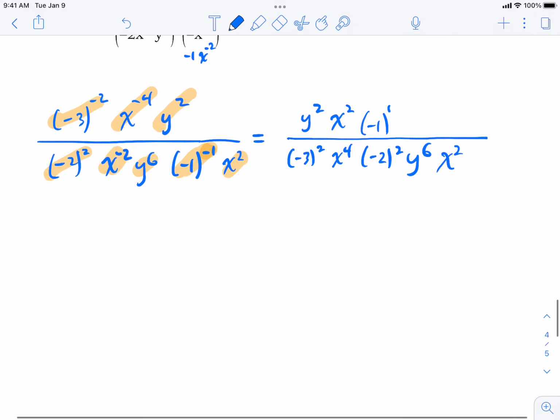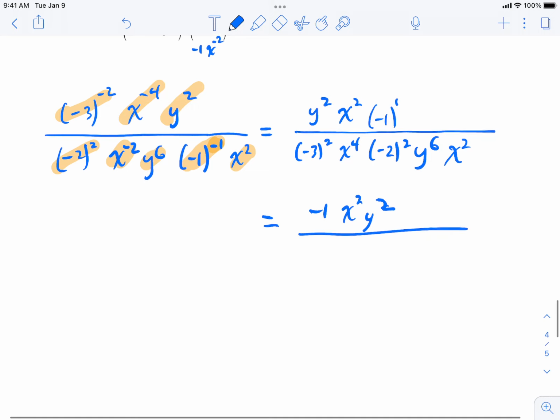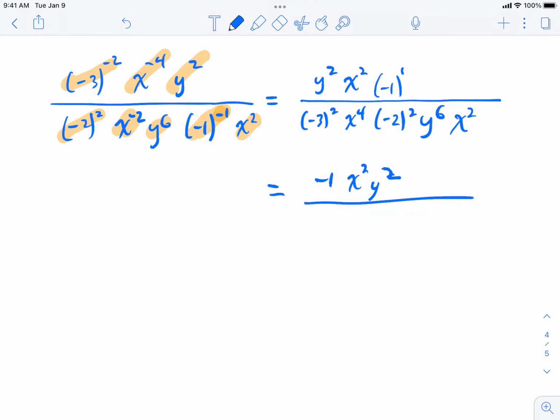So now what I can do is start adding exponents. On the top, what have I got? First of all, I've got a negative 1 to the 1, which is just negative 1. And then I've got an x squared, I've got a y squared. There's really not much to do up there. On the bottom here, the negative 3 squared will become a positive 9.